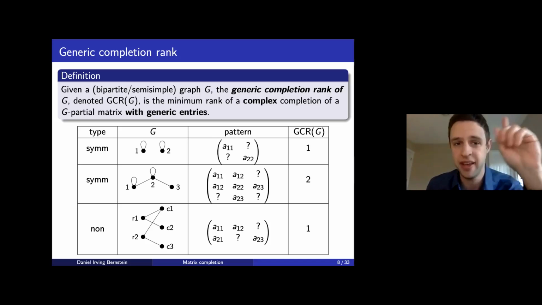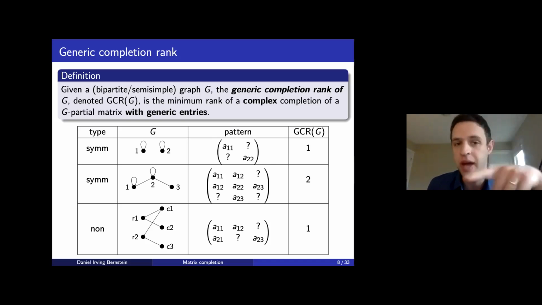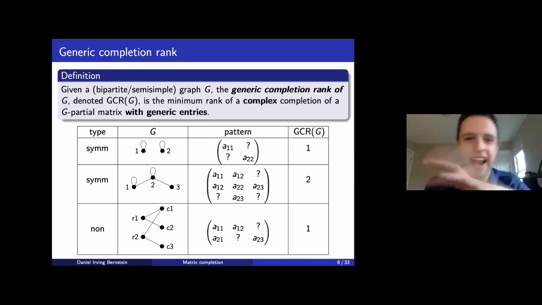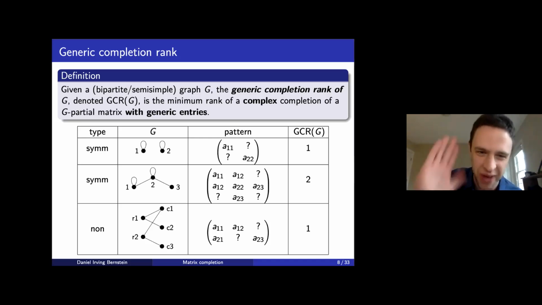I'm going to give you an example of one that actually has nothing to do with the original applications I talked about. But yeah, things do get more complicated over the real numbers. And I will talk about that later. Actually, those were slides I was originally intending to skip, but since you asked, I won't skip them.